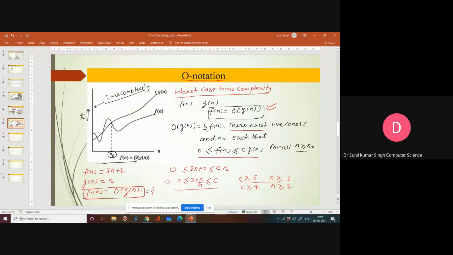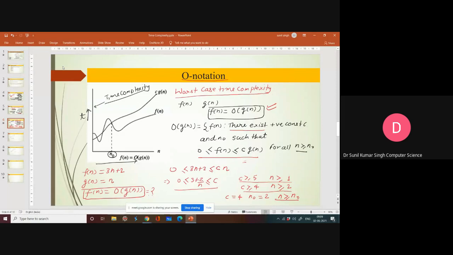So for holding this condition, if we choose the value of c equal to 4, then n naught will be 2, and it will hold the condition for all n greater than or equal to n naught.